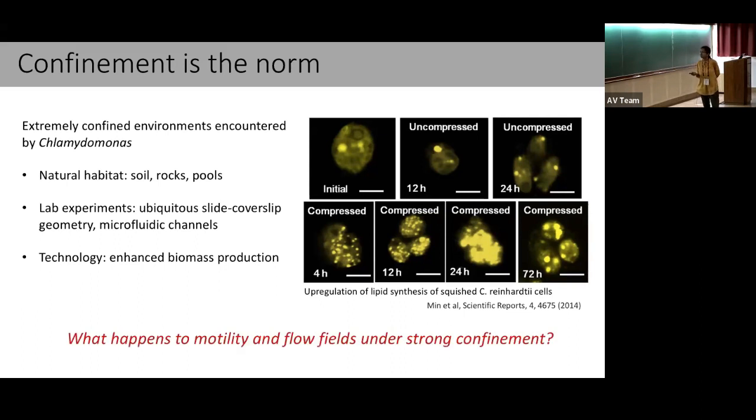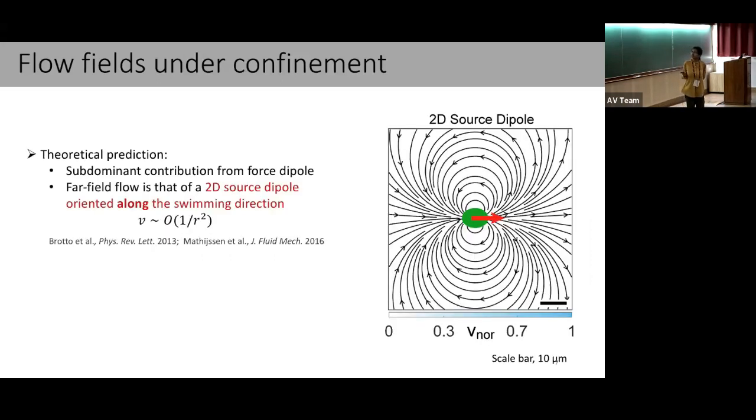So we can ask what happens to the motility and flow fields of algae under strong confinement. There is a theoretical expectation for flow fields under confinement, which is that the flow field will resemble that of a 2D source dipole that's oriented along the swimming direction.